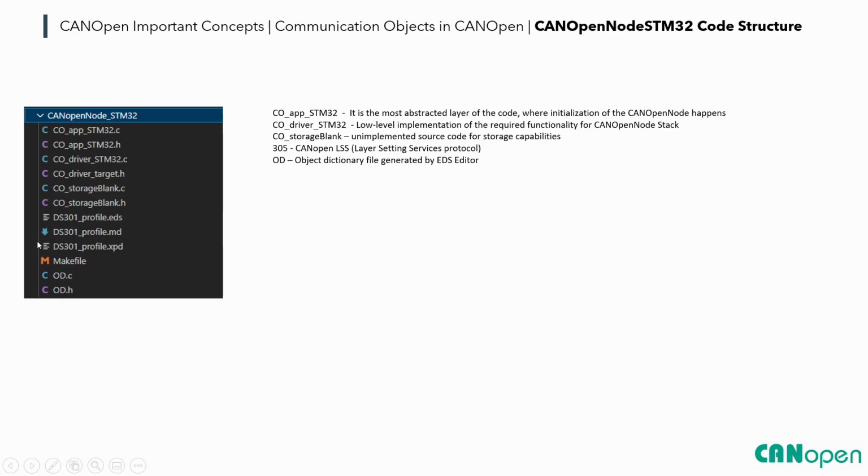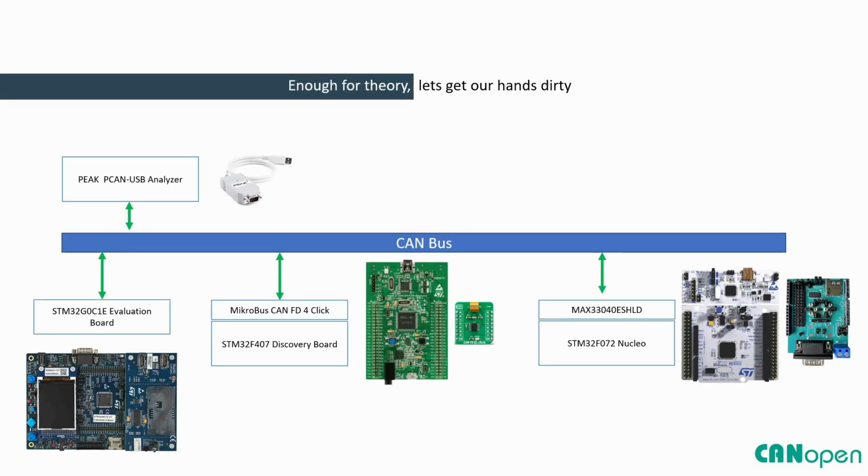Using that you can generate od.c and od.h, which are the object dictionary files. So that's the STM32 CANOpenNode code structure.